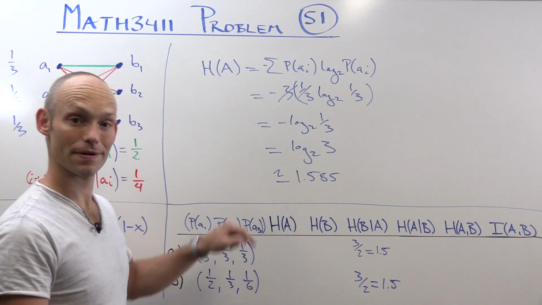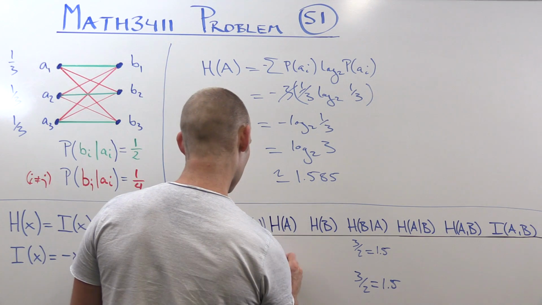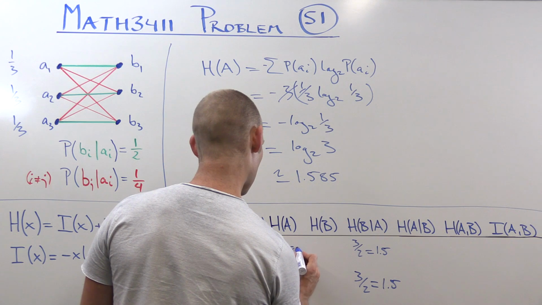So that's the entropy of A. So let's write that down, 1.585.